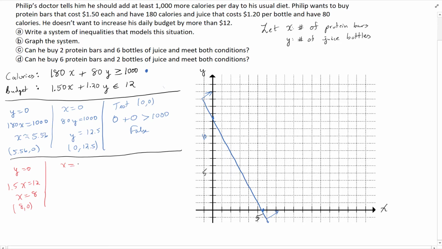And if I let x equal 0, then I would have 1.2y equals 12, and that would give me y equals 10. So I'd have the point 0, 10 on the boundary. So 8, 0 is here, and 0, 10 is here. And again, I'll draw the solid line through those points.